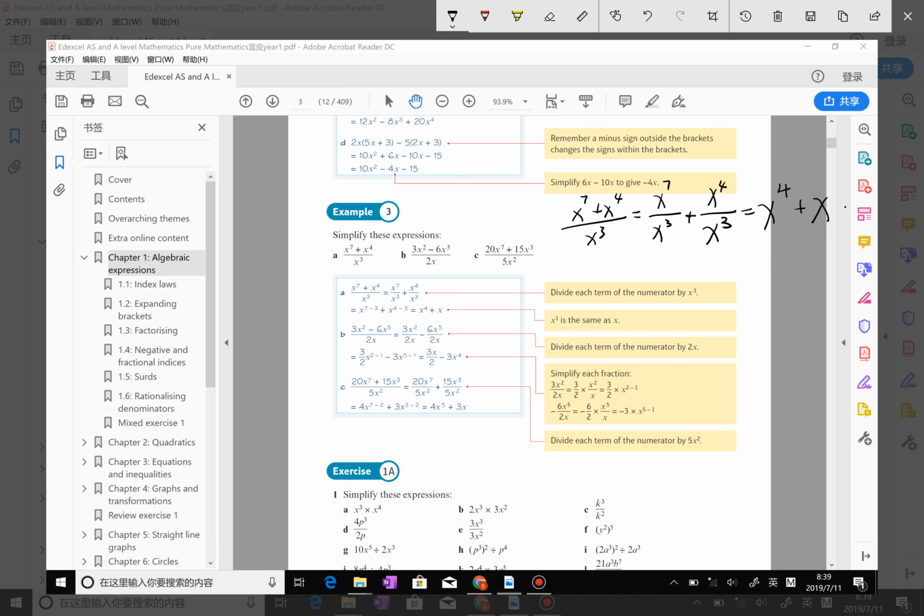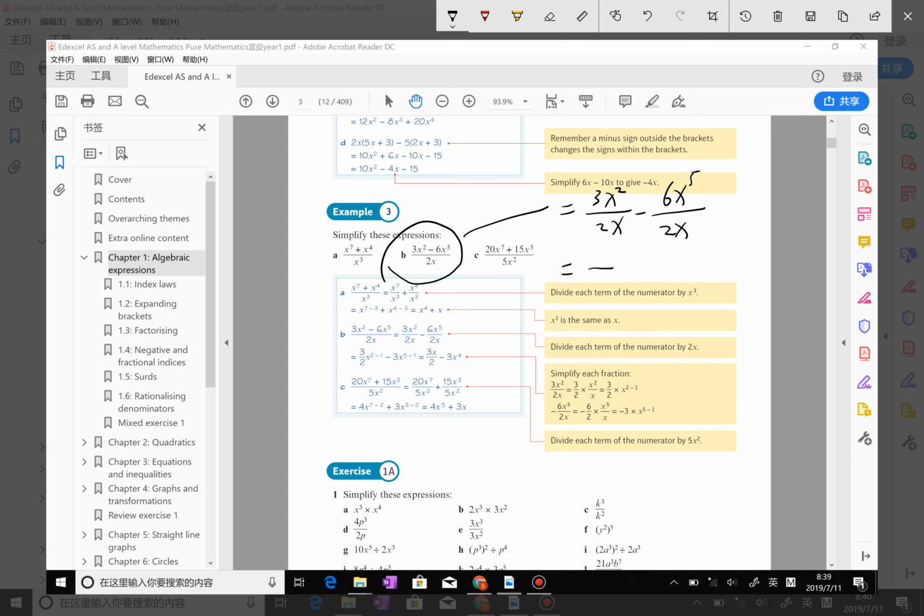Okay, and it's the same way for the b. We could take it out, equals 3x squared over 2x minus 6x^5 divided by 2x, so that we have (3/2)x minus 3x^4.